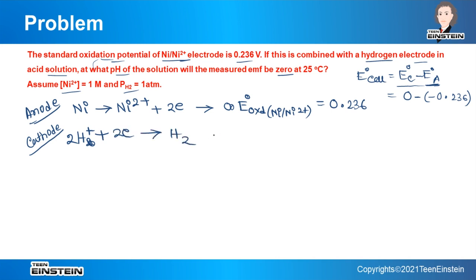So this value, that is E naught reduction, we know is 0.0 volt. So as the oxidation potential is directly given, you should not subtract 0.236 from 0, directly add these two.